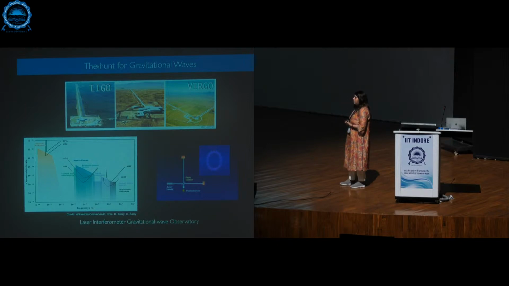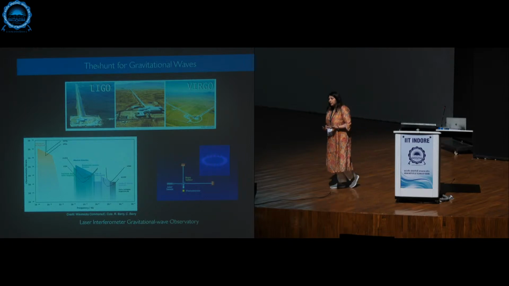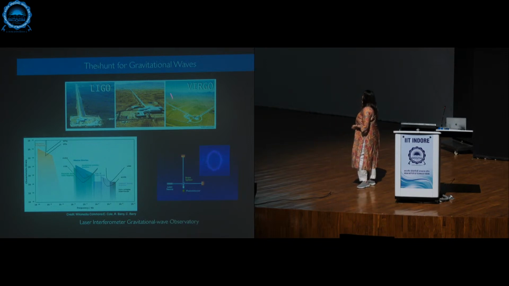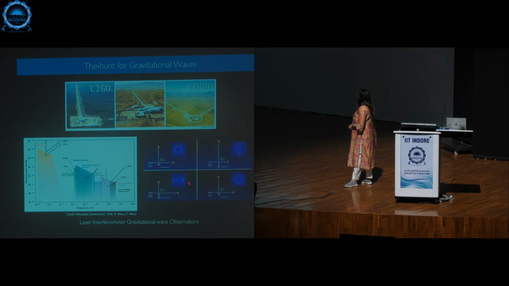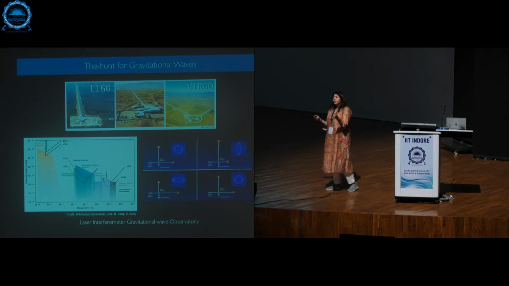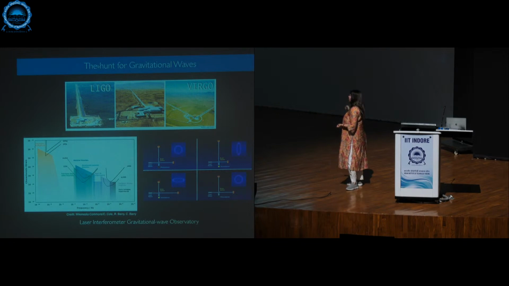But of course, this motivated people to search for gravitational waves. There were many different types of observatories that were proposed. These are some of the underground gravitational wave detectors, which are based on the interferometric technique, where you have a 4 kilometer long arm in which a laser source emits laser beams along 2 paths which are perpendicular to each other, and these would be reflected back, and if there is any gravitational wave passing through such a system, then this would give rise to a signal.